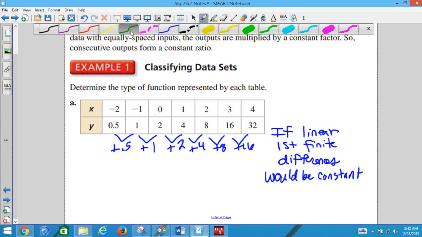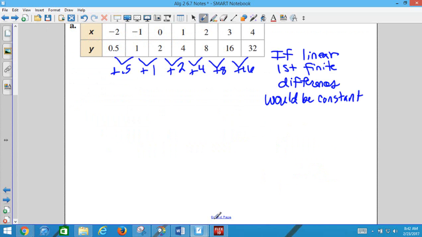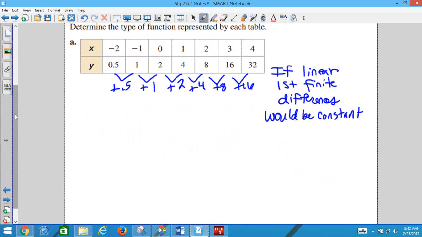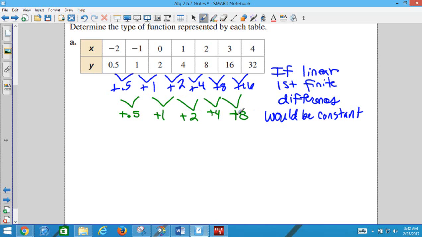Now, when it was not linear, we said, okay, well, let's take a second set of differences called second finite differences. So from 0.5 to 1, I would add 0.5. And then from 1 to 2, I would add 1. And then from 2 to 4, I would add 2. And then 4 to 8, I would add 4. And then I would add 8. So that's not constant either.